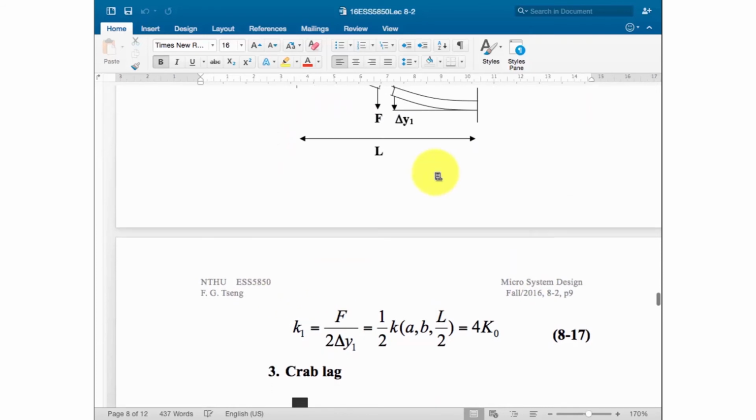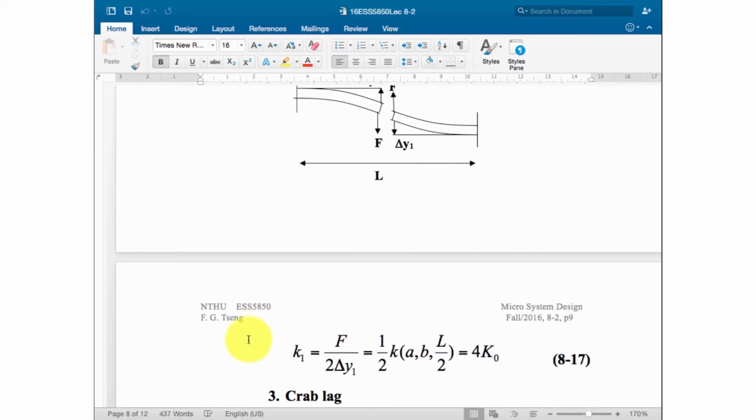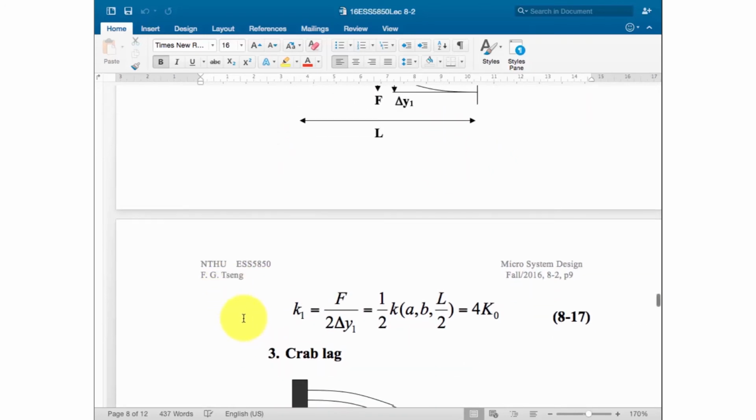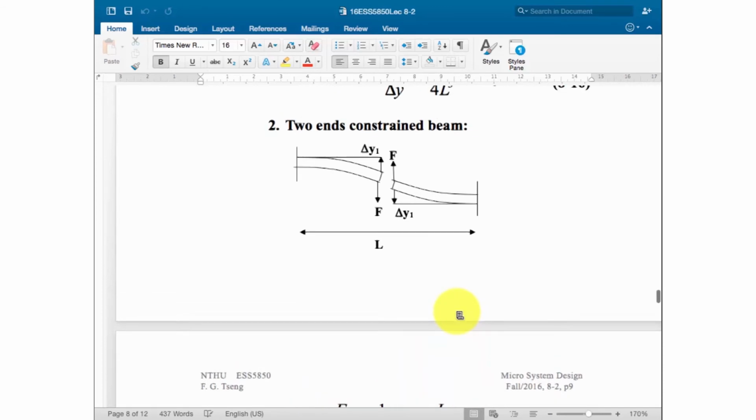So we call this new spring constant K1. K1 will be: you give the same force F, but you get twice the deformation, 2 delta Y1. So it is F over 2 delta Y1, using the spring constant equation, but you substitute L with L over 2 in the equation.